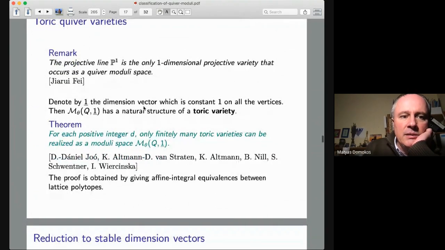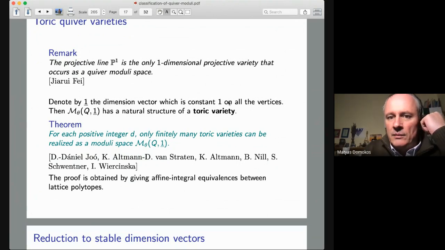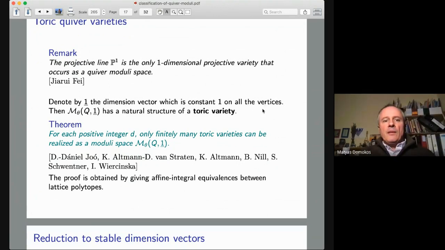Another result is that if we take a very special dimension vector which takes constant value 1 on all the vertices, this is very special, but it's an interesting special case because in that case, these moduli spaces have a natural structure of a toric variety.